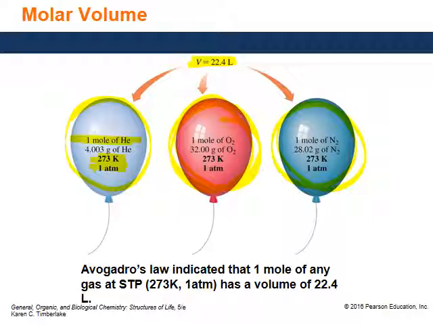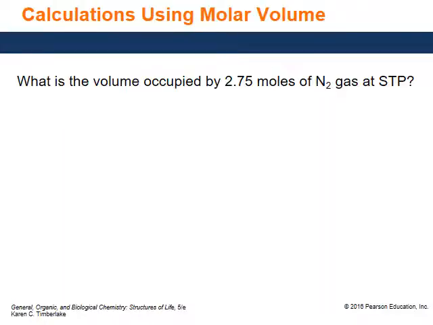How can a question be asked on this information? Like this. What is the volume occupied by 2.75 moles of nitrogen gas at STP? So the question is asking what is the volume occupied by 2.75 moles of nitrogen. So n is given to us, 2.75 moles at STP.